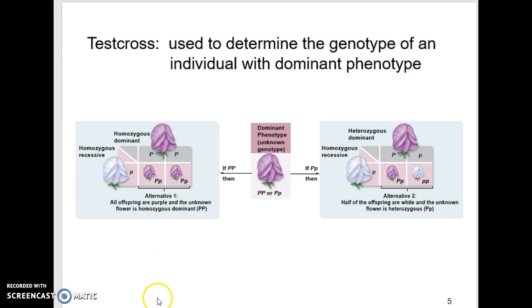Now, you don't want to base this decision on just 2 kids. You want to breed these two and let them have hundreds or thousands of kids. You need a sizable sample. Sample size is critical in genetics. So I would not feel comfortable saying, well, I think that this parent is homozygous purple if you have 4 purple kids.